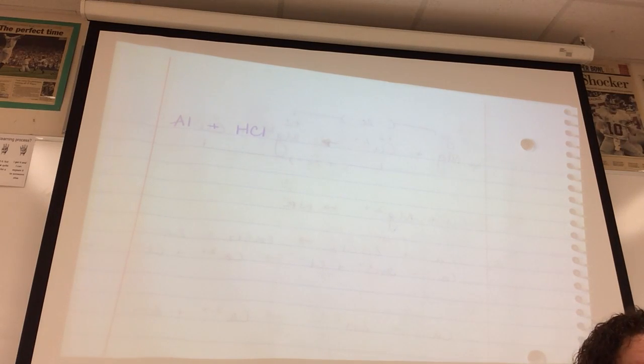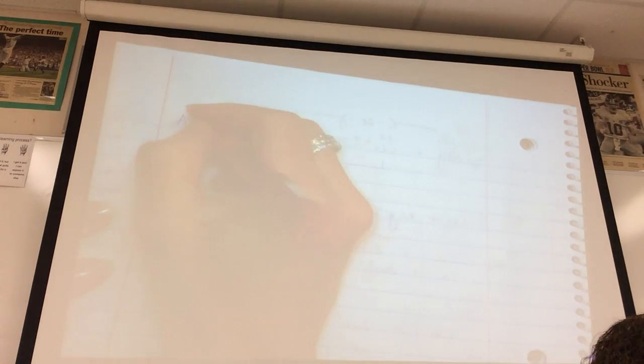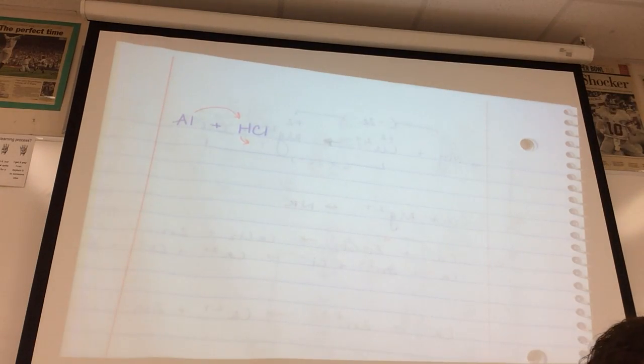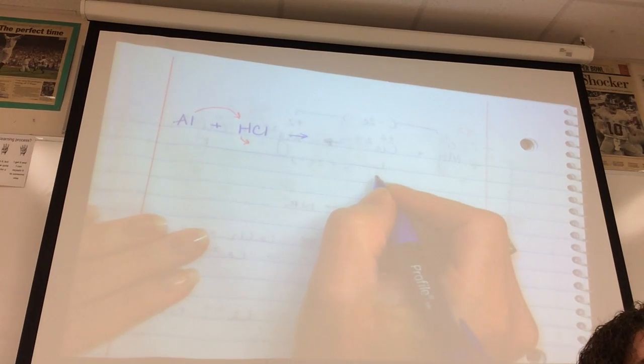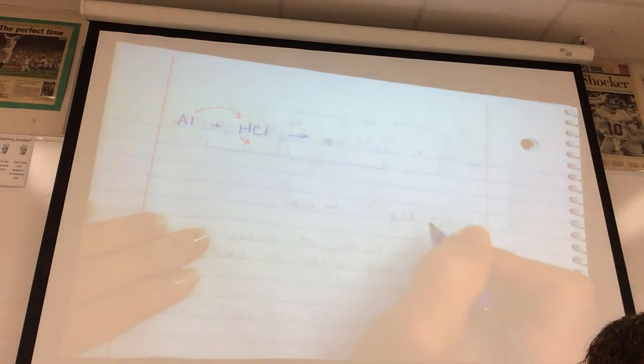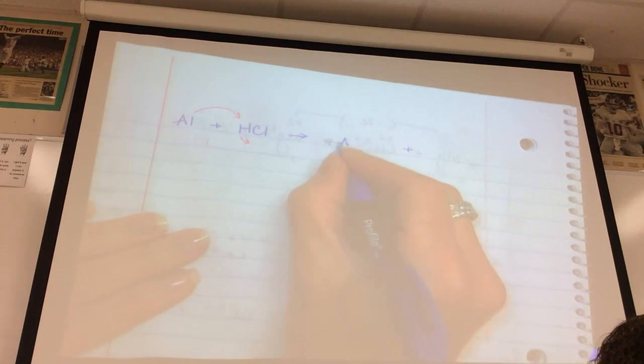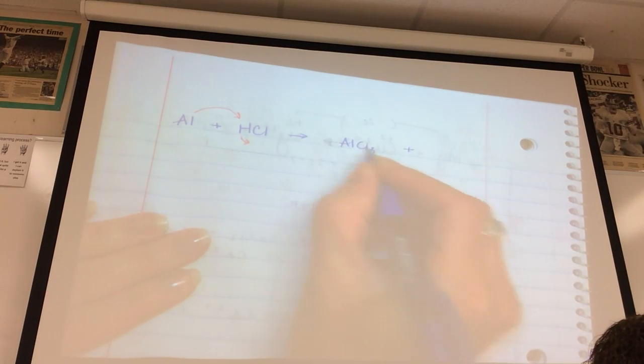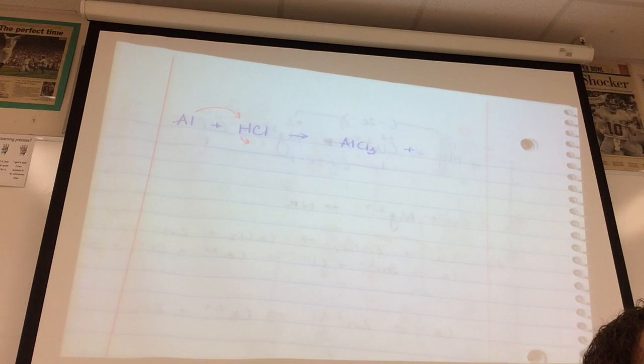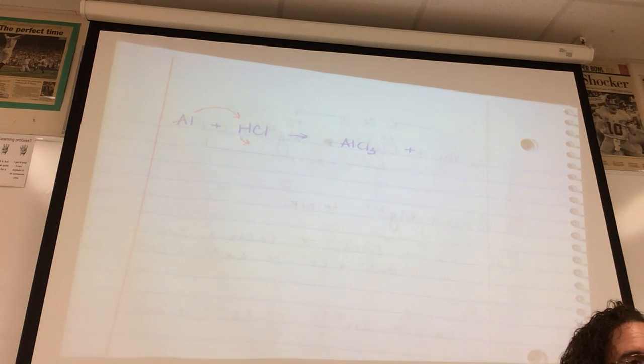Aluminum has greater activity than hydrogen, so it will bump it. And the only thing you have to be careful with here, what compound do you form? Aluminum chloride. And now when the H gets bumped, usually things get bumped as metals, but H, of course, is not a metal. It's a gas, and it's a diatomic gas.